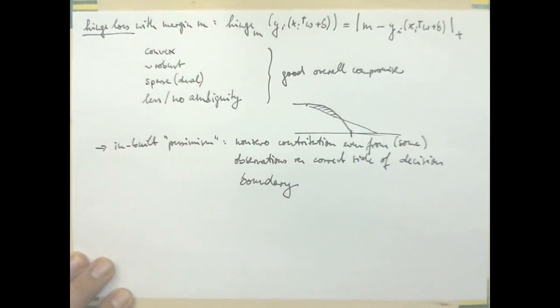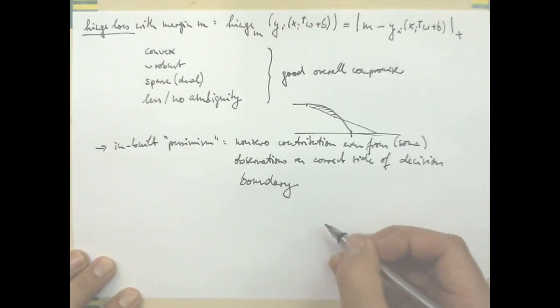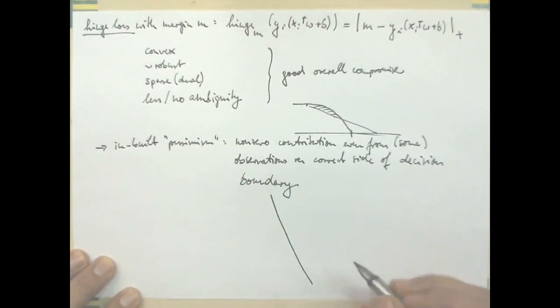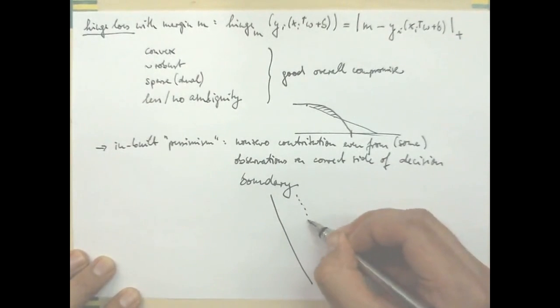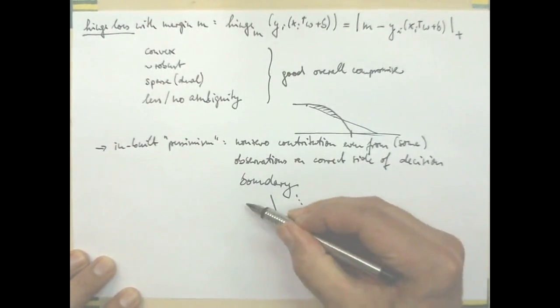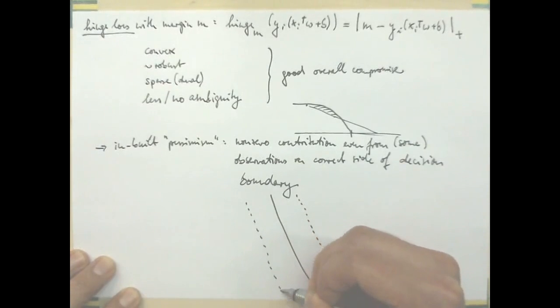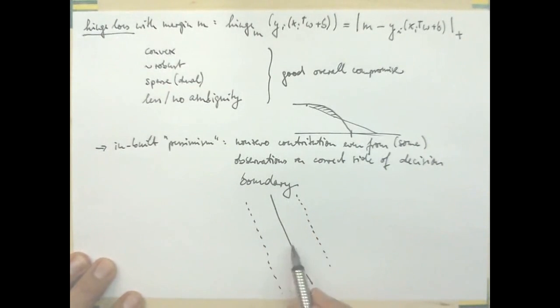So let's say this is my classifier. This is the margin for the samples from the positive class. This is the margin that we would like to keep, or our safety distance that we would like to keep from all samples of the negative class.